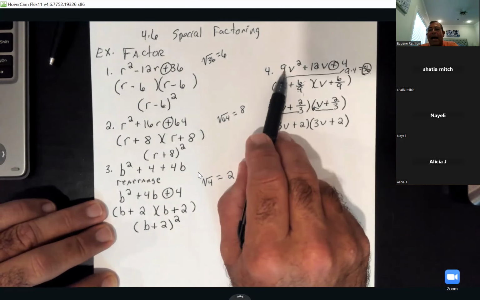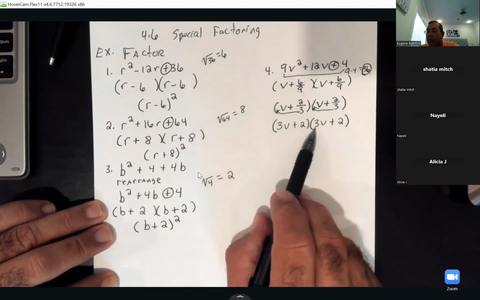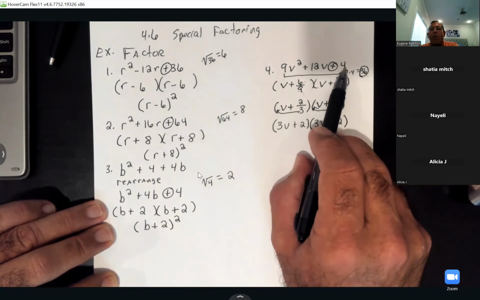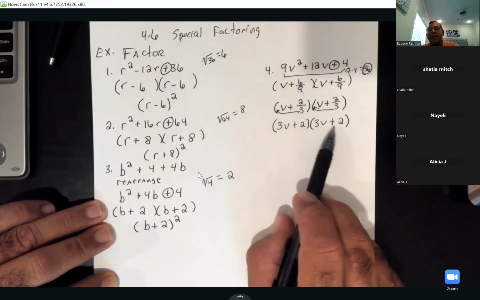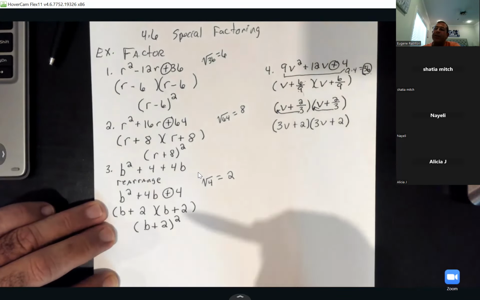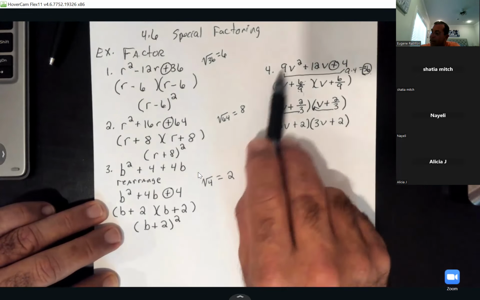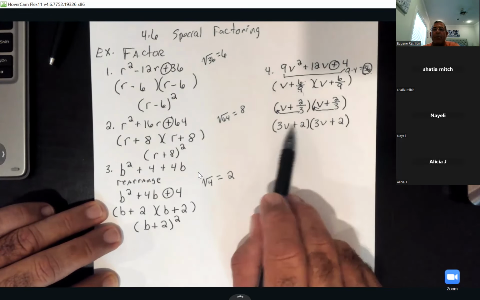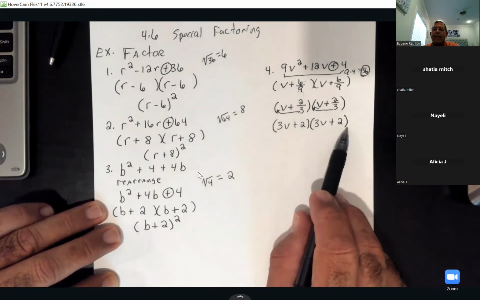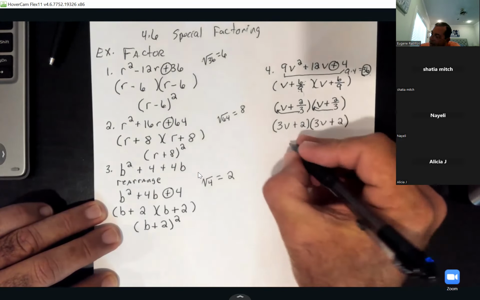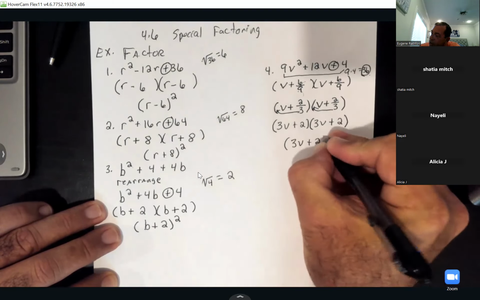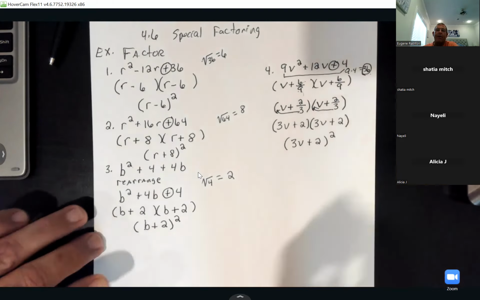The square root of 9 is 3, so I got a 3 in front of both of my parentheses. The square root of 4 is 2, so I got a 2 at the back of both of my parentheses. So you can still do the square root stuff. Take the square root of the first number to get what's in front, and then the square root of that last number to get what's at the end. And y'all, my final step, remember, I could write this as a 3v plus 2 squared.